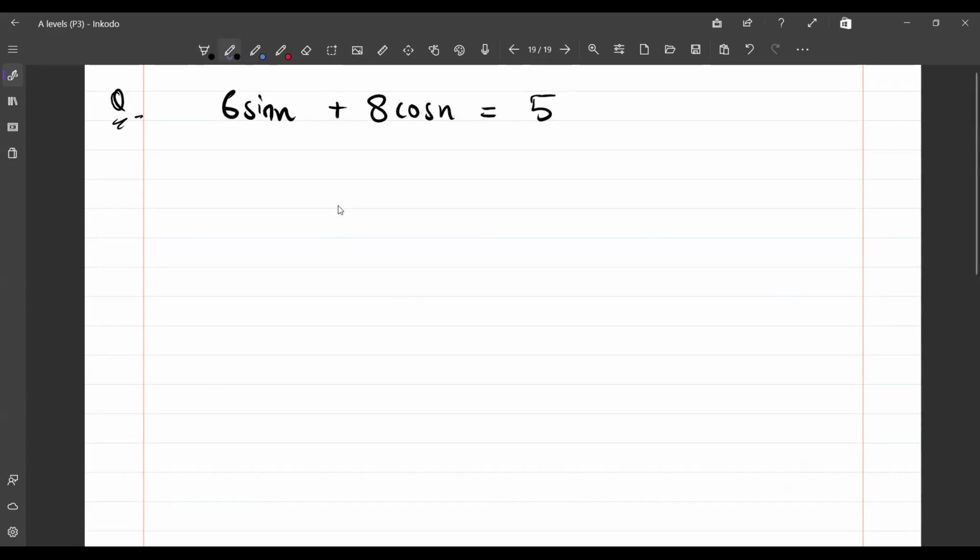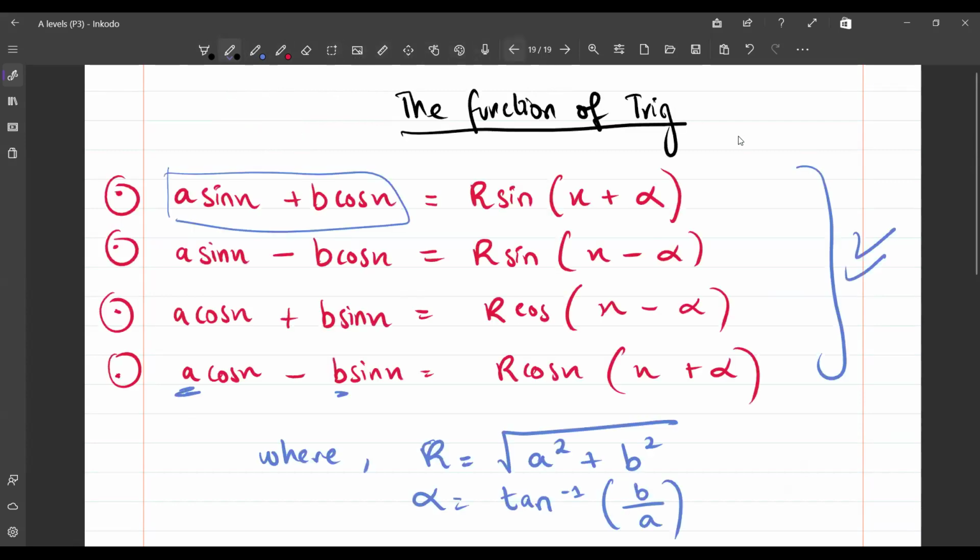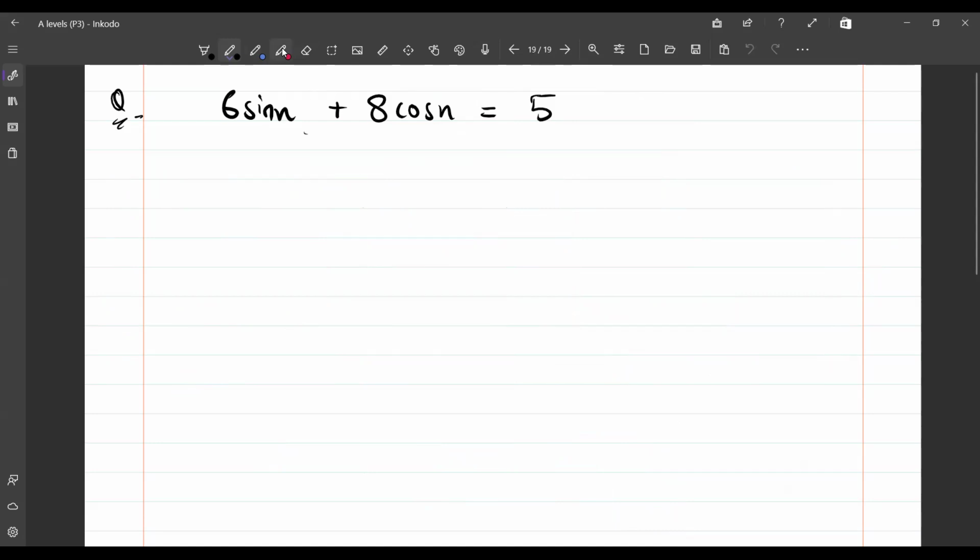So notice that a sin x plus b cos x is r sin(x plus alpha). All right. This is r sin(x plus alpha) is equal to 5.